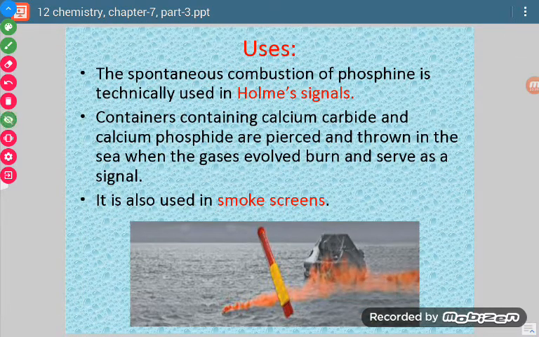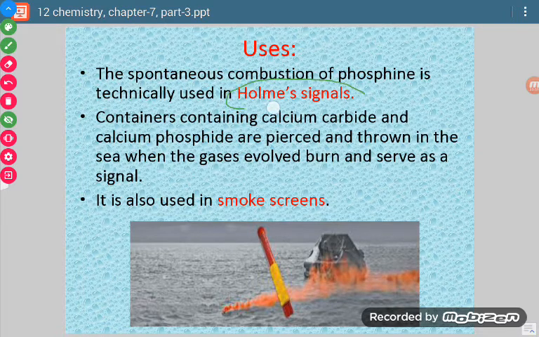Now what are the different uses of phosphine? Okay, now see, when we take phosphine and we produce smoke or mixture of fire and smoke, then that thing is known as Holme's signals.